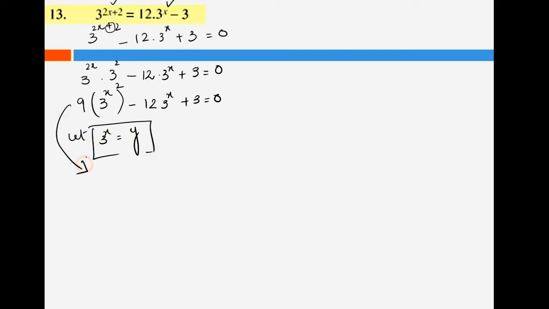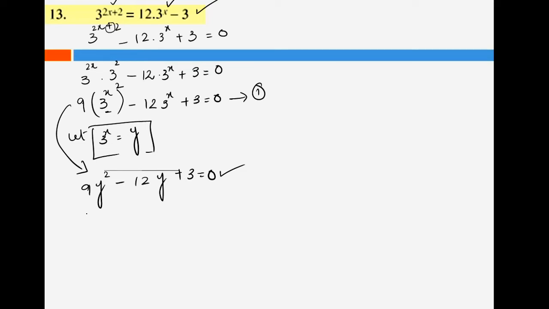Now equation 1 becomes 9y square minus 12y plus 3 is equal to 0. Here you can see that we have converted this exponential equation into this quadratic form. So we have reduced this exponential equation to quadratic form.